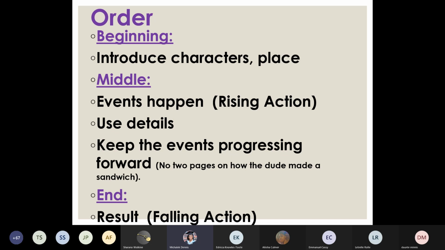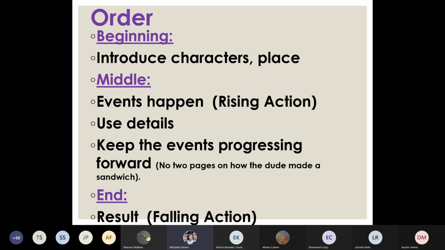You're giving us the foundation. So you want to introduce your characters and also introduce the place: you yourself and whoever else in the introduction, as well as where this takes place, on the beach, at a fish fry, at the movies.